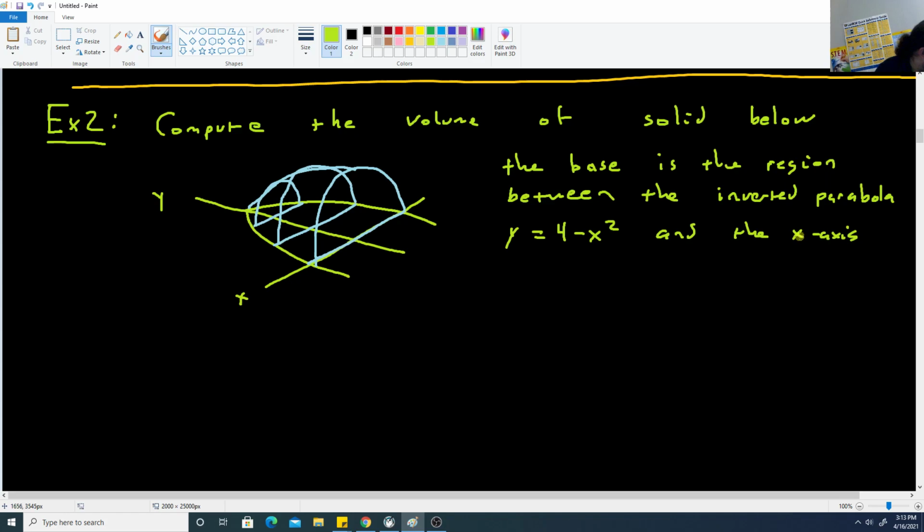The vertical cross-sections perpendicular to the x-axis are semicircles.